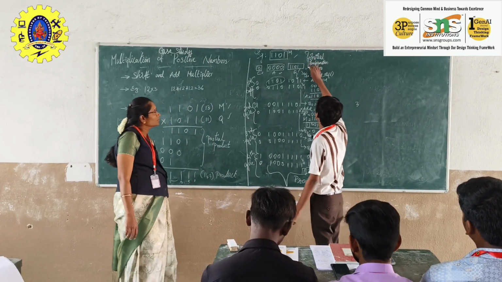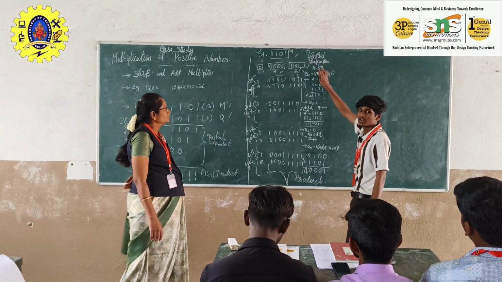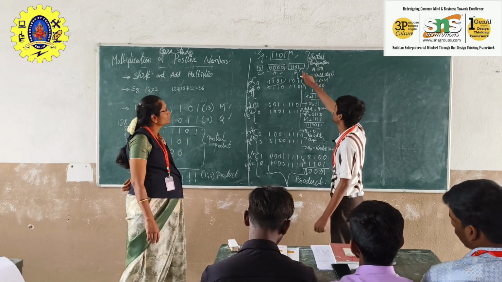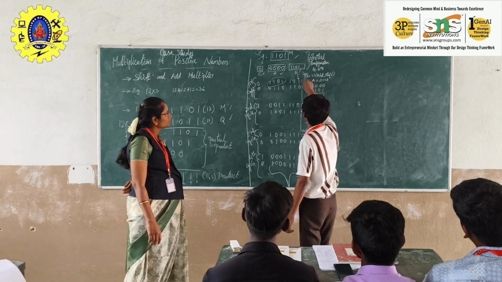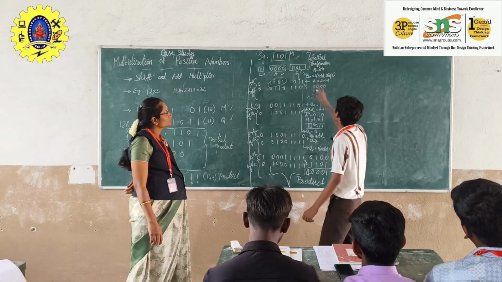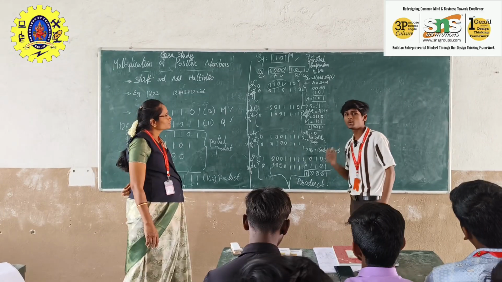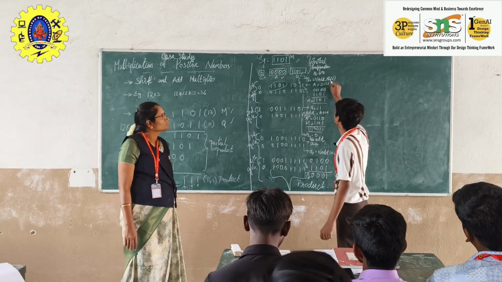We take the initial configuration of n bits, where Q naught is the last bit. Q naught here is 1. If Q naught is equal to 1, we add and shift.